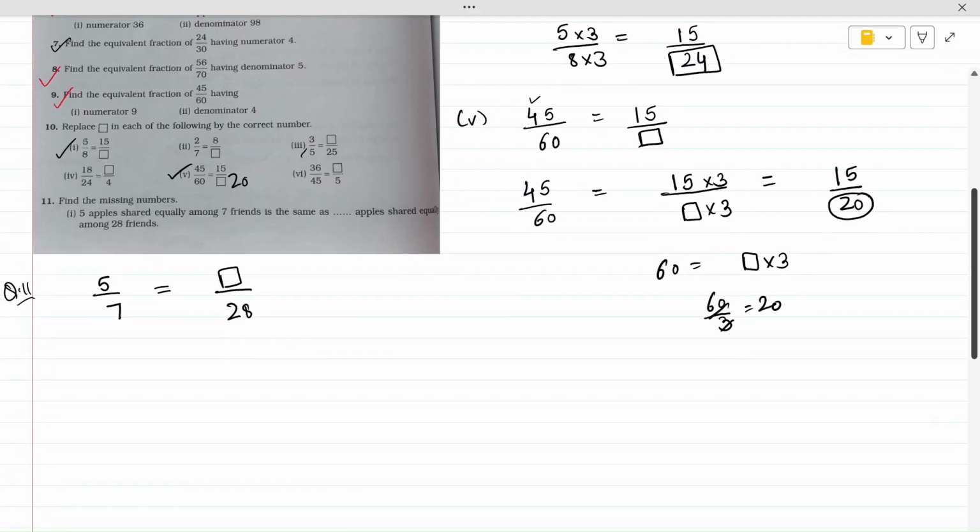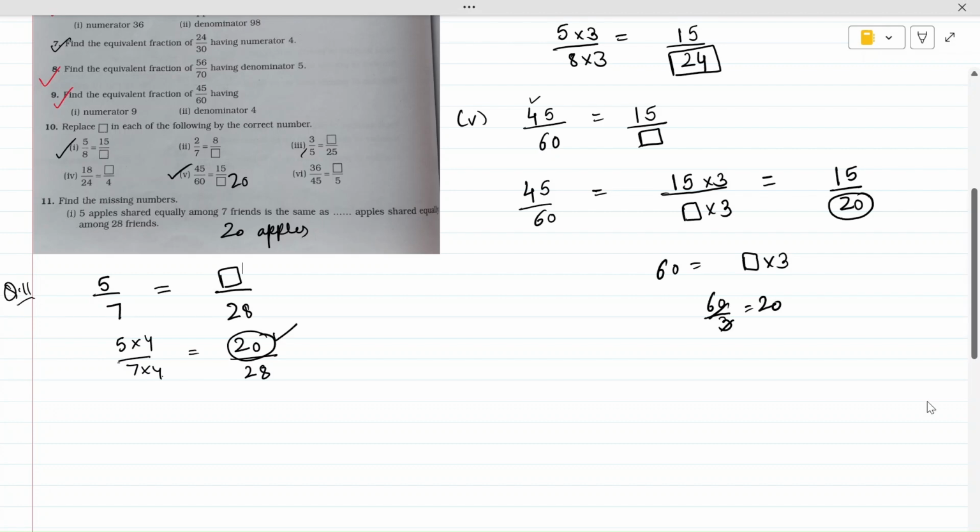And we also know that if we multiply 7 with 4, we will get 28, right? So we are multiplying the denominator with a number. Same we have to do in numerator also. So this will become 20 by 28 and 20 is the number which we need here. Okay. So answer will be 20 apples.